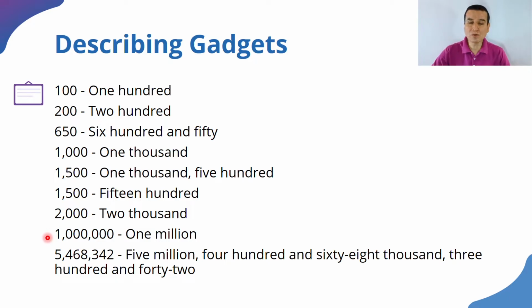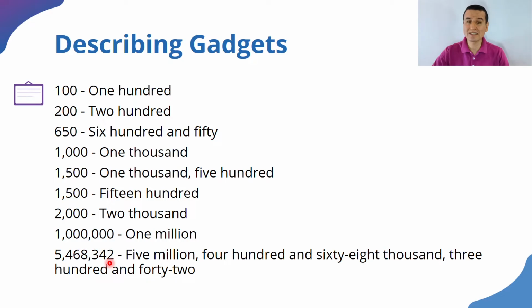And with those numbers, you can combine many figures to come up with any number. For example, this large number that I have here for you, 5,468,342.